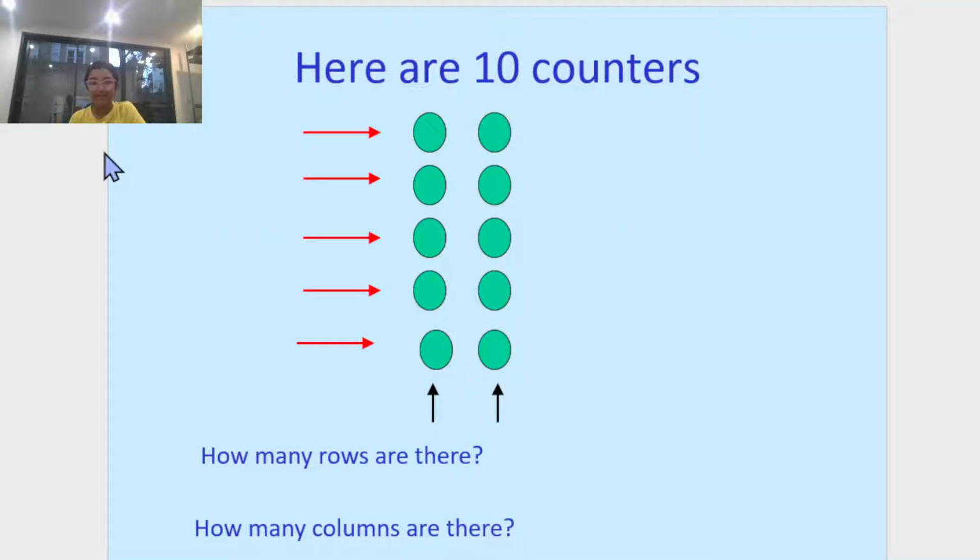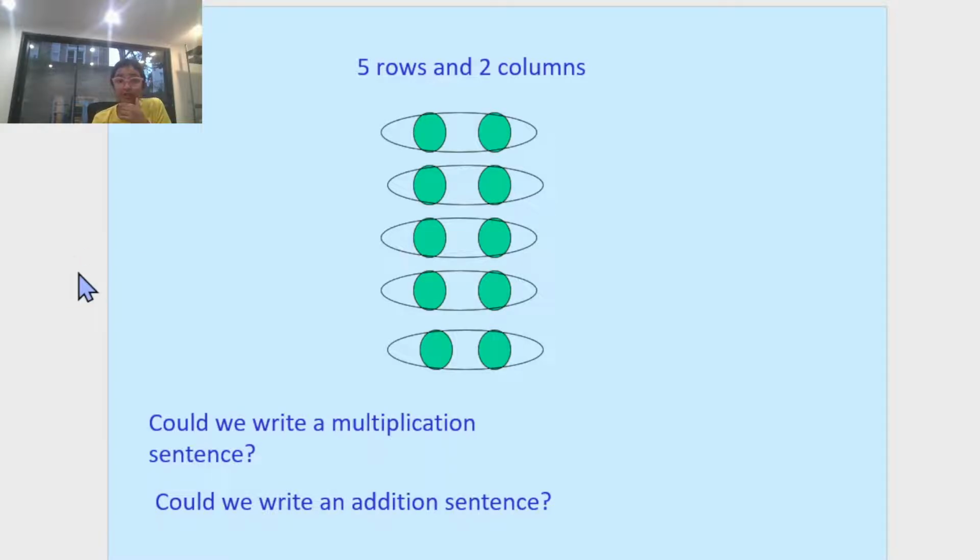Here are 10 counters. How many rows are there? How many columns are there? Let's count together. 1, 2, 3, 4, 5 rows, and 1, 2 columns. Yeah, we're correct. 5 rows and 2 columns.